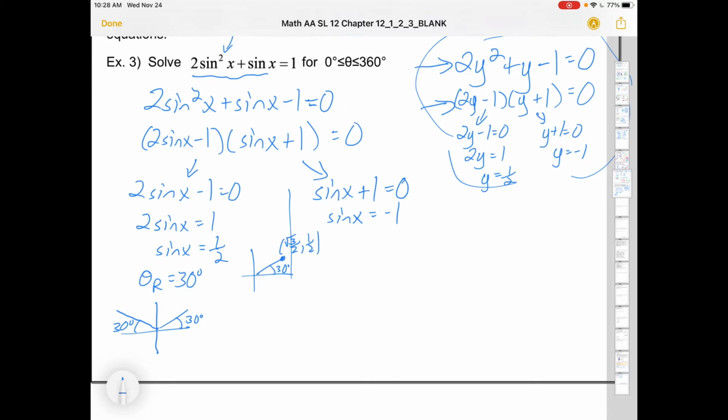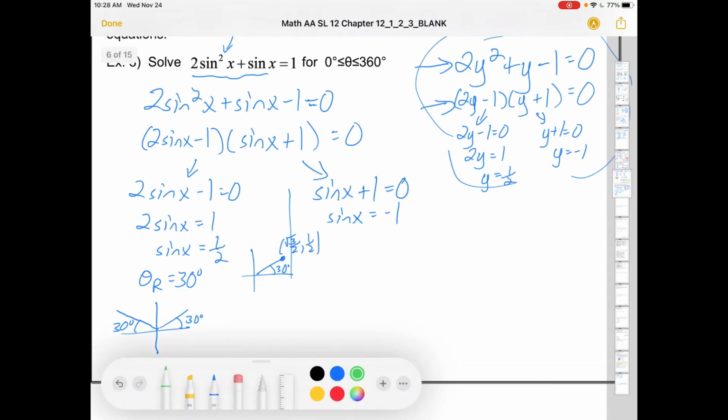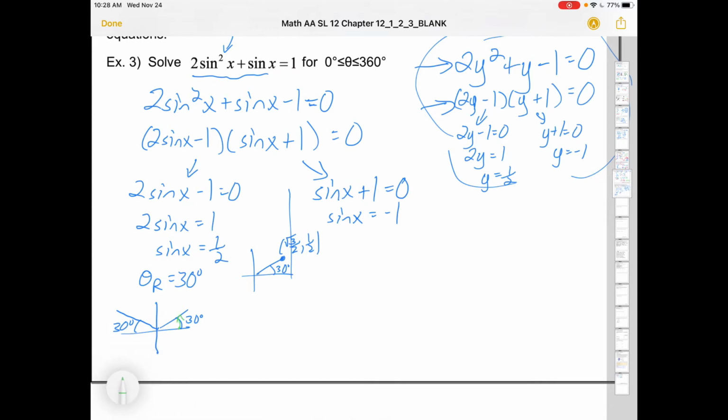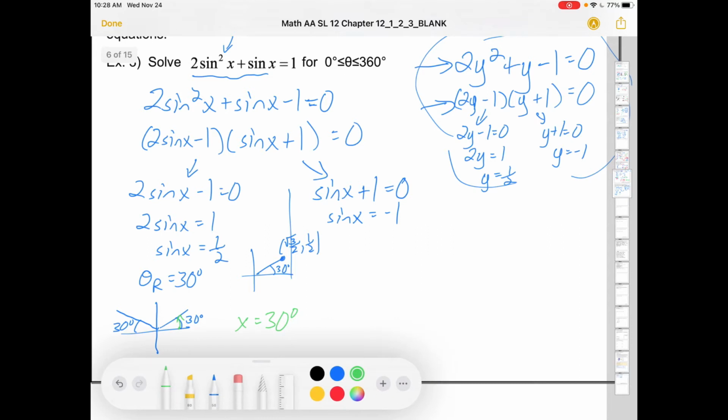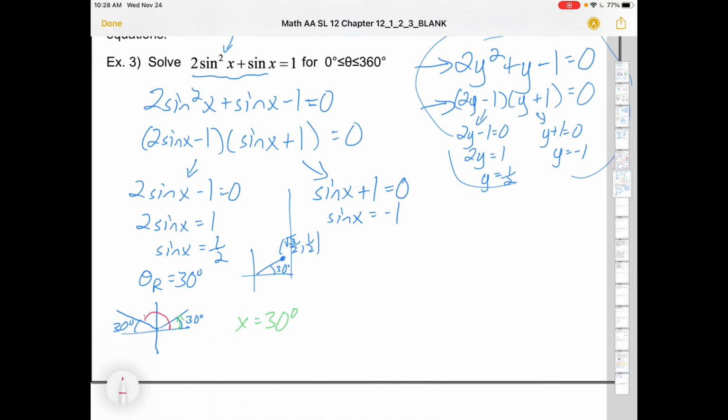A lot of the things that we had to deal with in the last video, with weird domains and changes to the period, are not here. This is fairly straightforward. So x could be 30 degrees, or we could be talking about this one here, which would be 180 minus 30. So x could be 150.